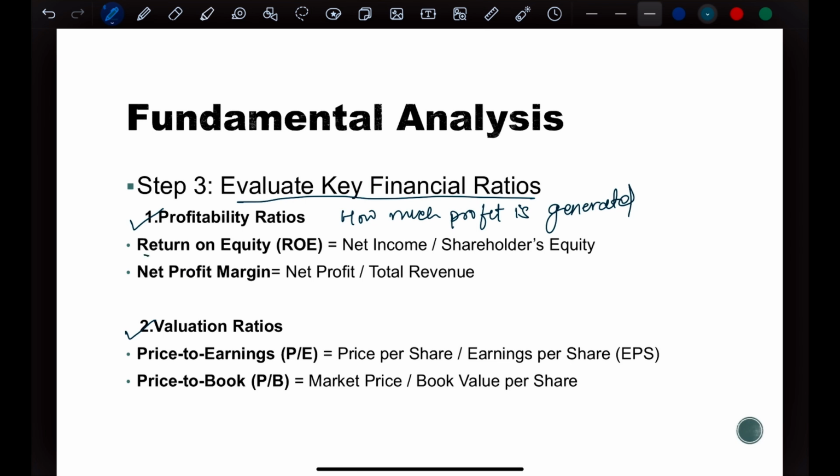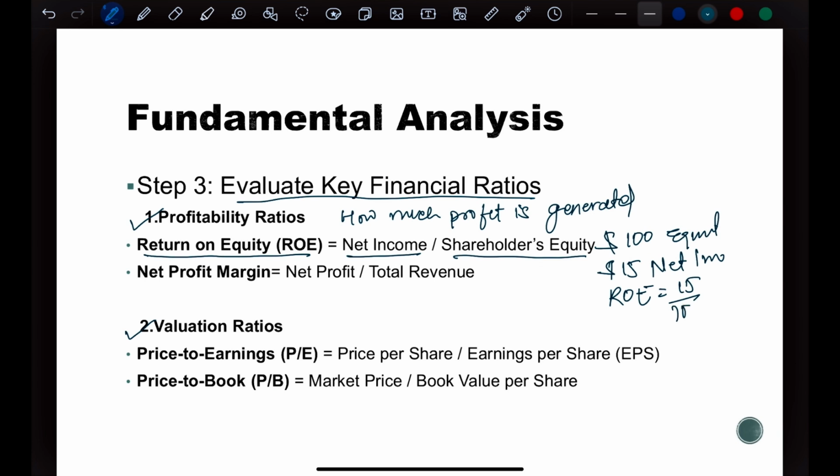The very first one is return on equity, which is ROE, which is nothing but net income divided by shareholder equity, which tells us that if the company has $100 of equity, how much net income the company is generating. Suppose the company generated $15 of net income, so the ROE of the company would be 15 upon 100, which is 15%.